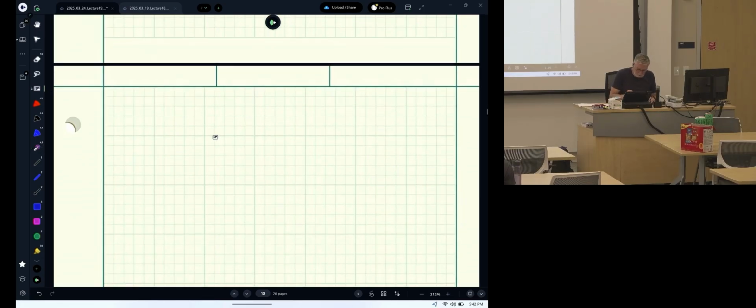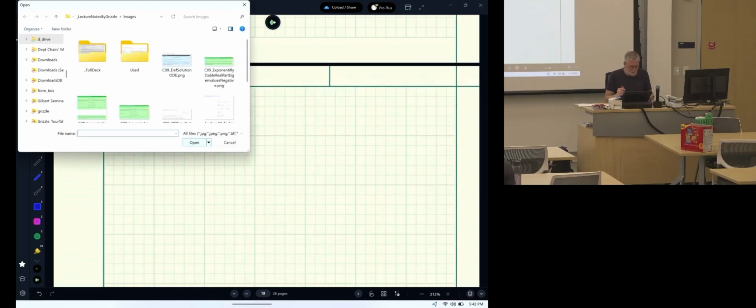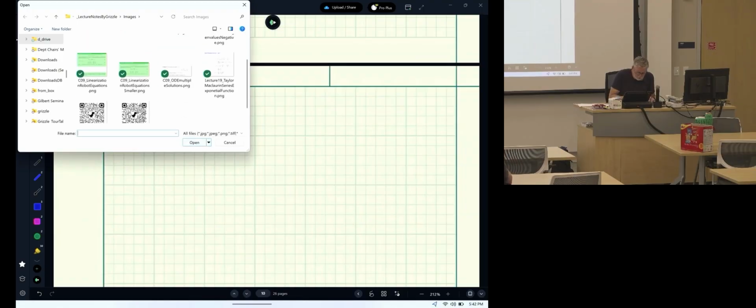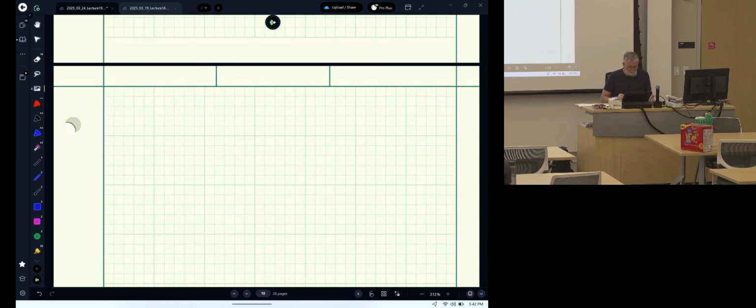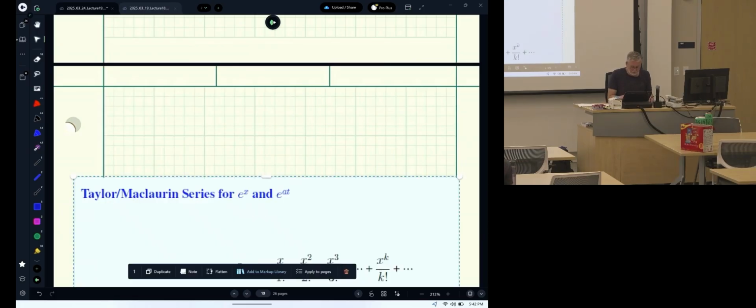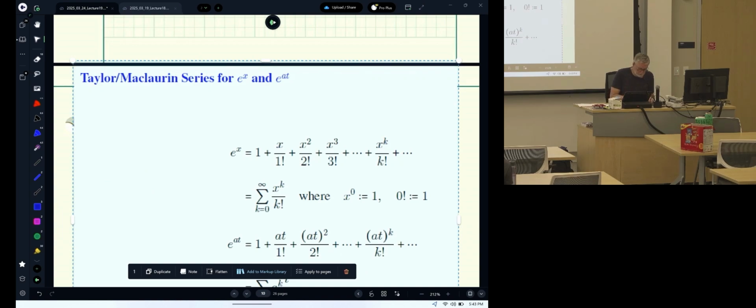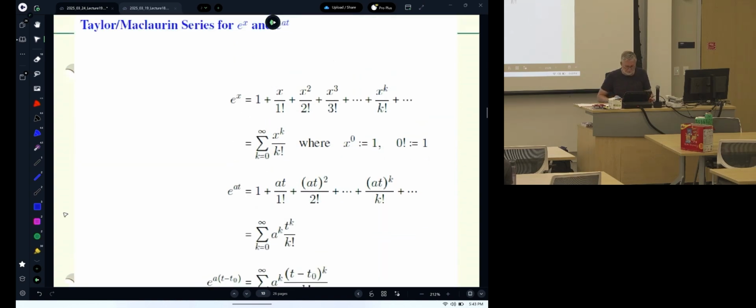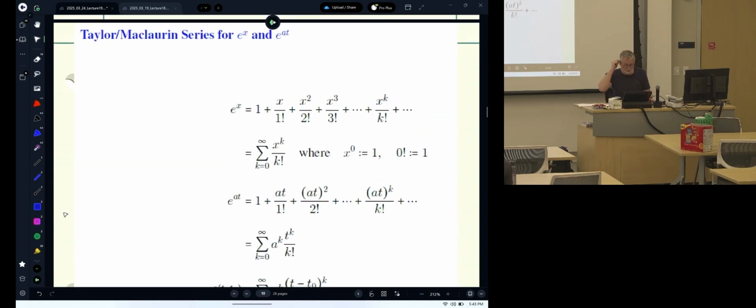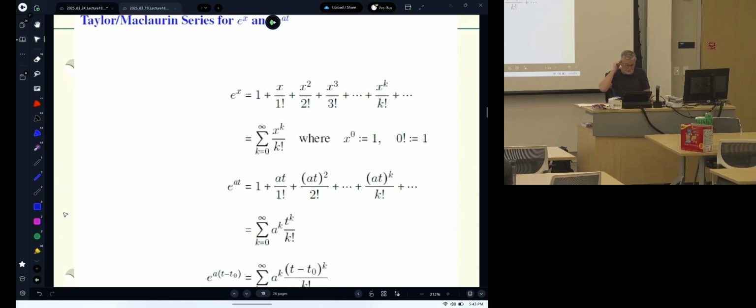Okay, so I'm just going to paste in some preliminaries because you'd be bored to death writing them out. This is just the Taylor series for e to the x.